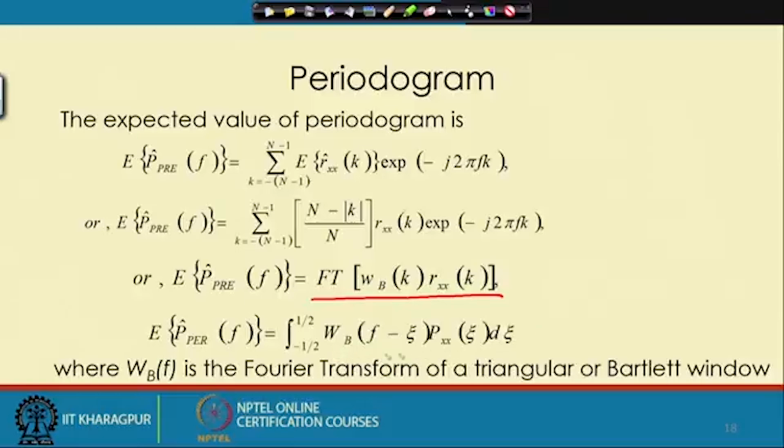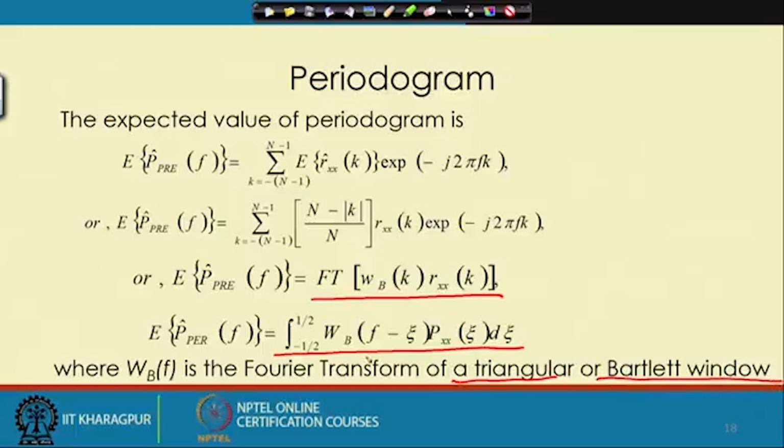So, that gives rise to the next line, where it is a convolution between the function WB and the PSD, that is the Fourier transform of the autocorrelation function. That convolution occurs in the frequency domain, where WB is the Fourier transform of a triangular function, which is also known as the Bartlett window.